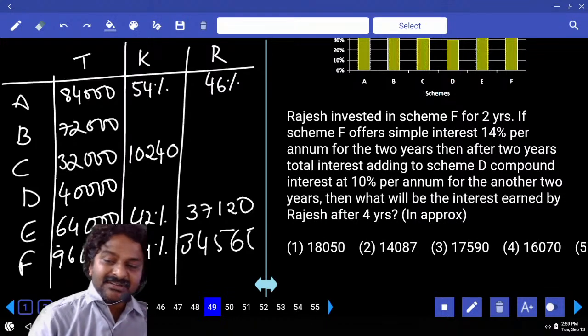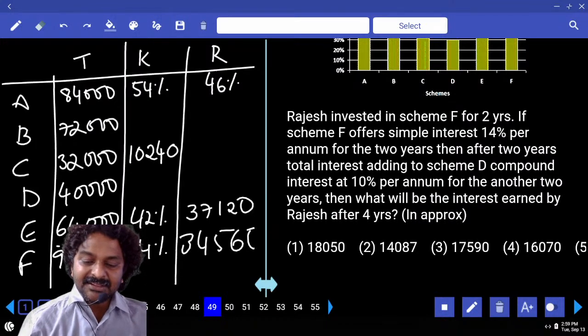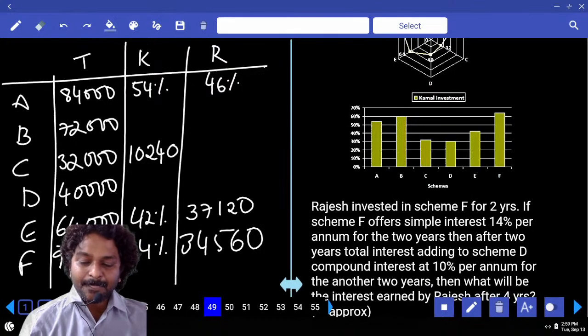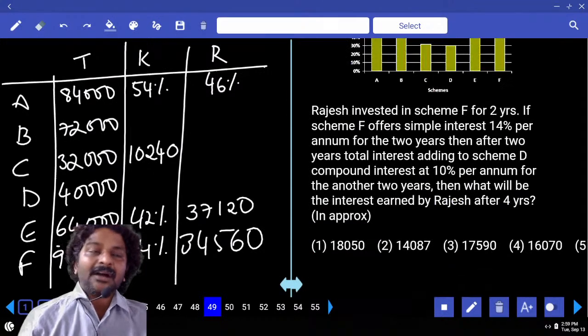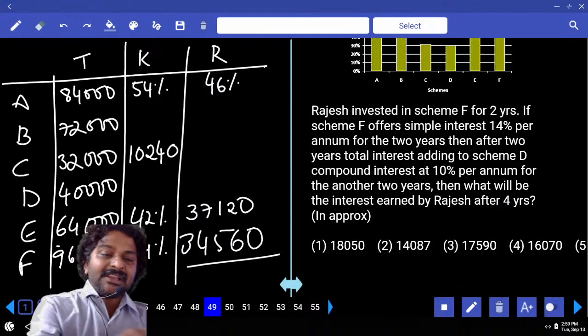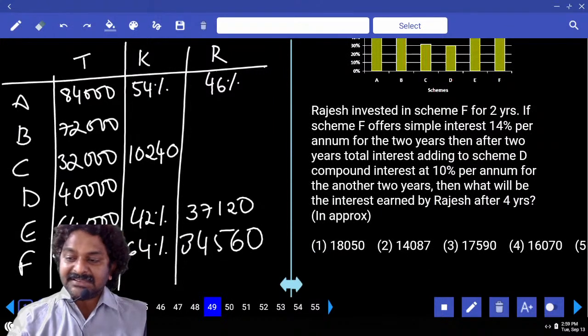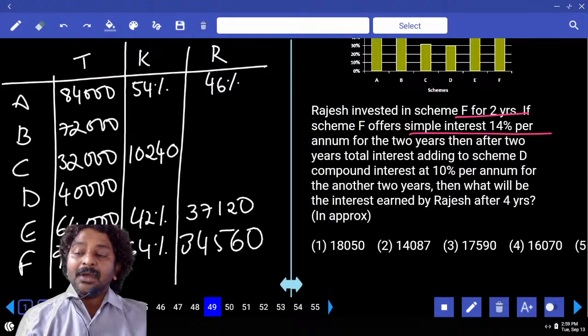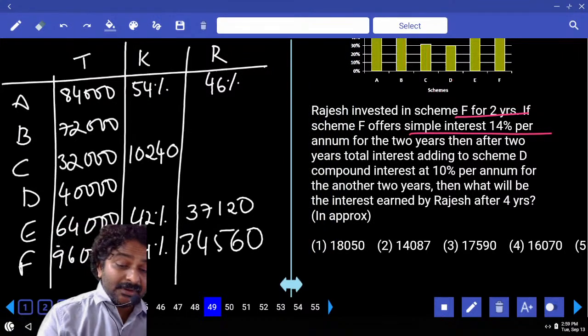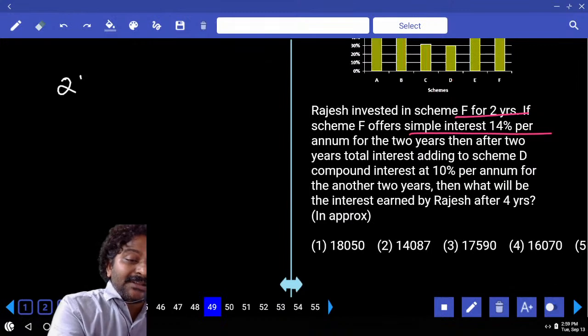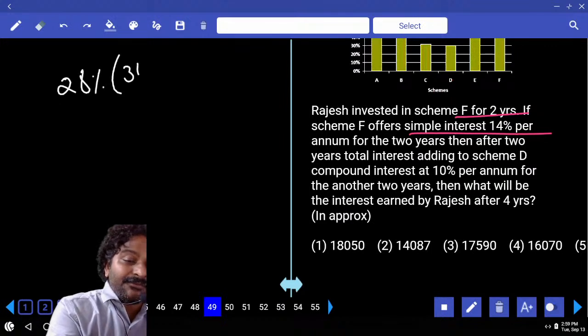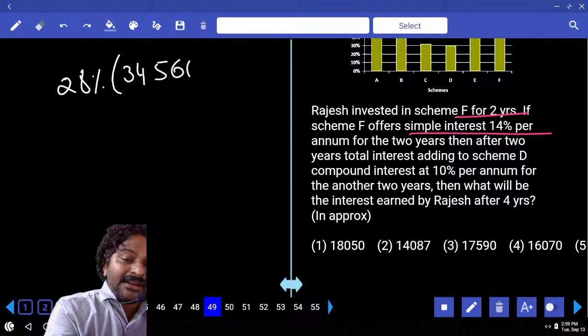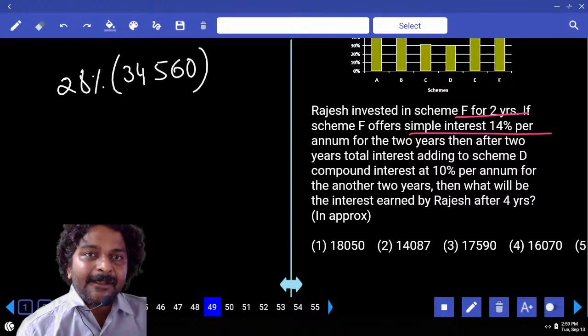So Rajesh, scheme F. Already we know the principal, right? How much? 34,560. And that is invested for 2 years, simple interest at 14% per annum. How much interest we will get? 28% of 34,560. This much interest we will get.